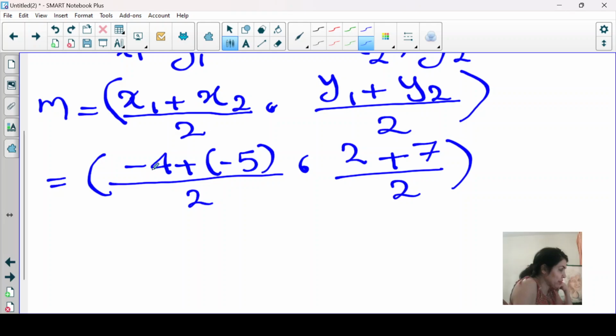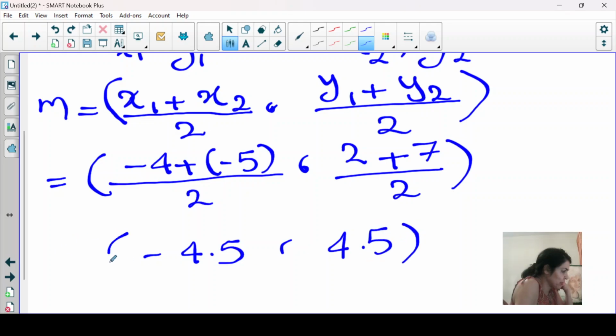So -9 divided by 2 is -4.5. 2 plus 7 is 9, divided by 2 is 4.5. This is the midpoint.